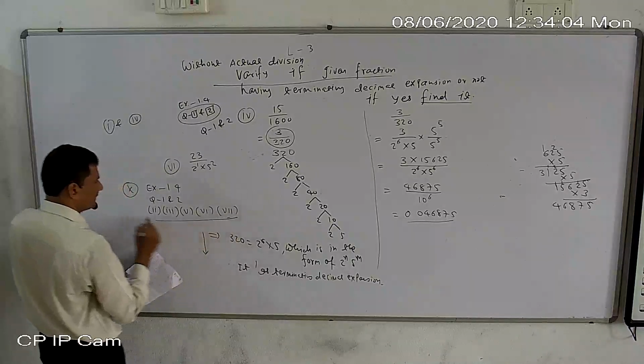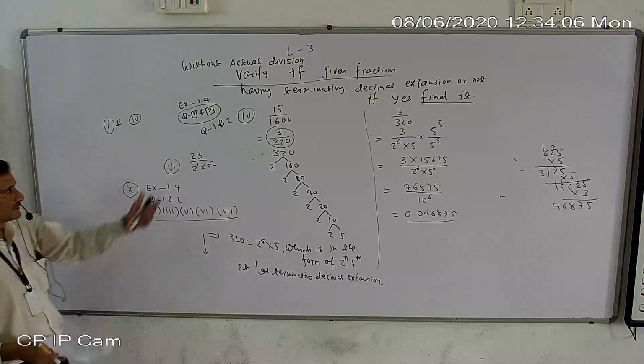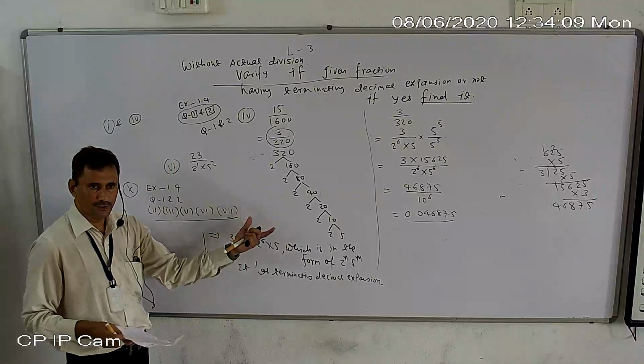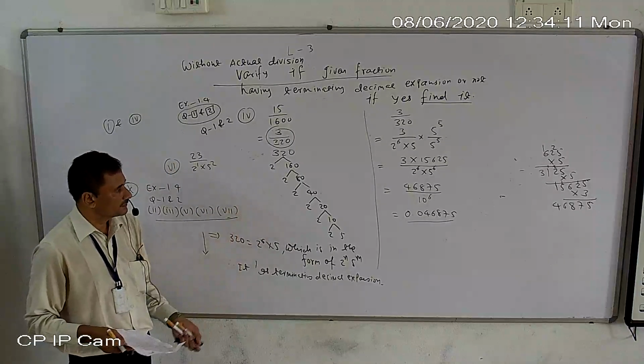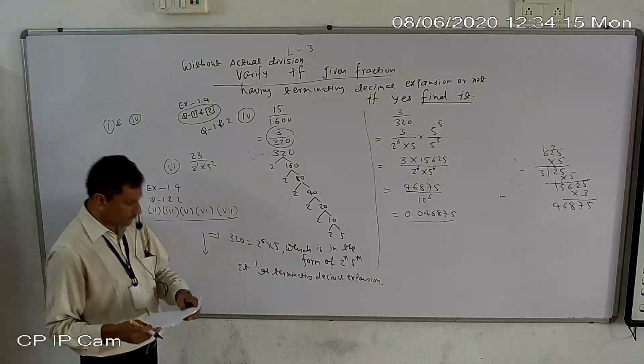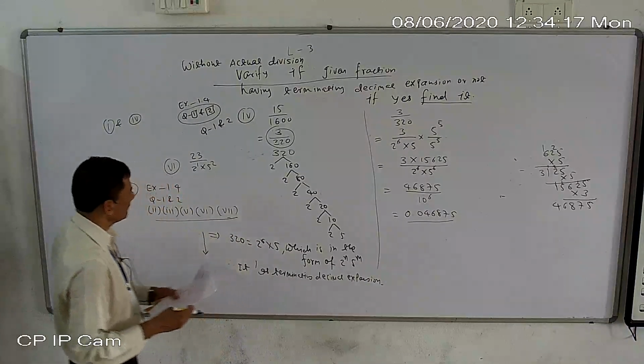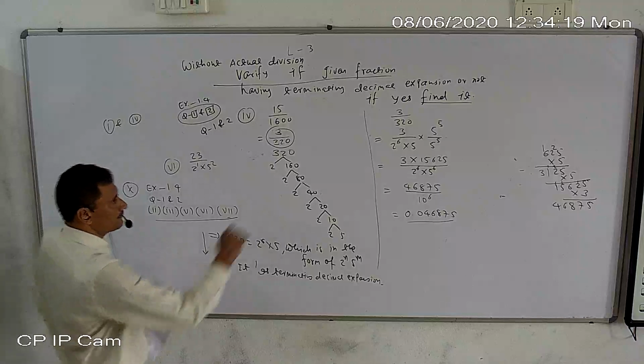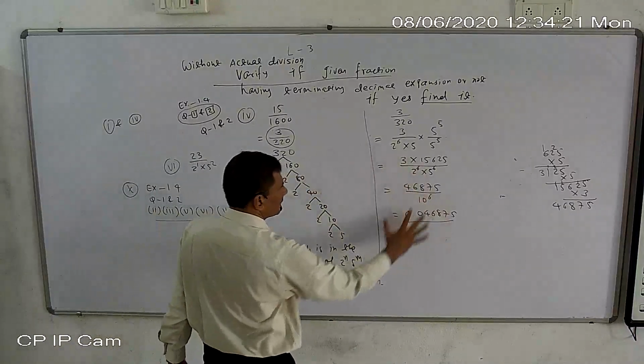Okay, so these 5 sums are in homework. Same method, same process. Okay, first of all understand this solved sum, then only try. You can do your homework parallel to your other work also.